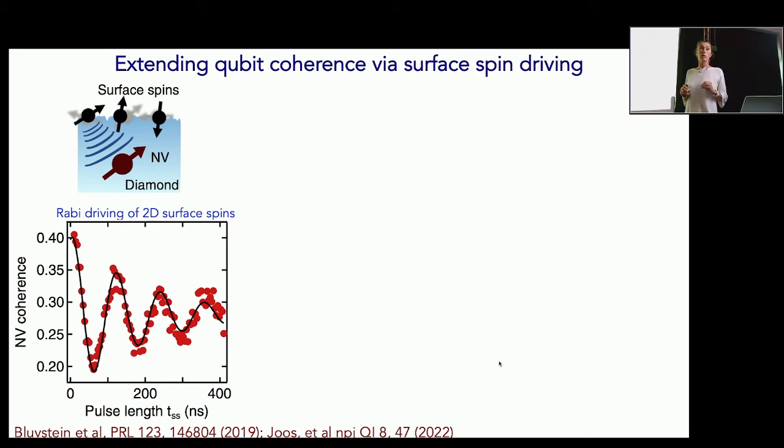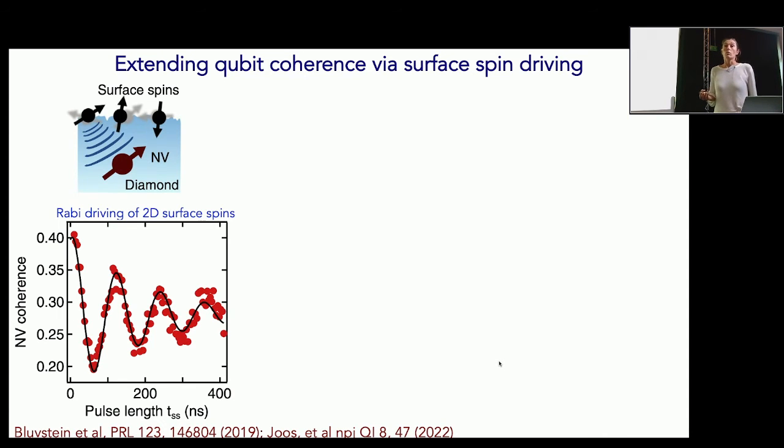We don't really know what these come from microscopically, but we know that they exist. We can spectroscopically resolve them through double electron-electron resonance. We can even drive Rabi oscillations of these surface spins, which I find pretty amazing. There are these spins, we don't even know what they are, sitting there at room temperature and ambient conditions, and yet they have a pretty reasonable coherence time. You can see Rabi oscillations. In any case, they exist.